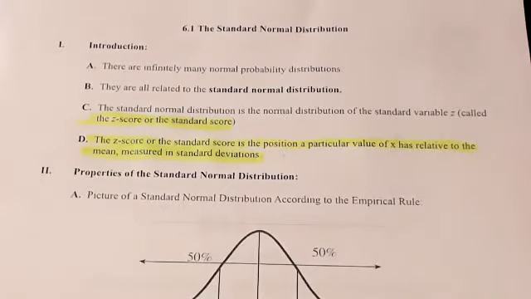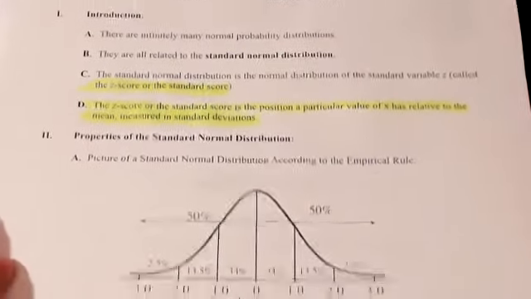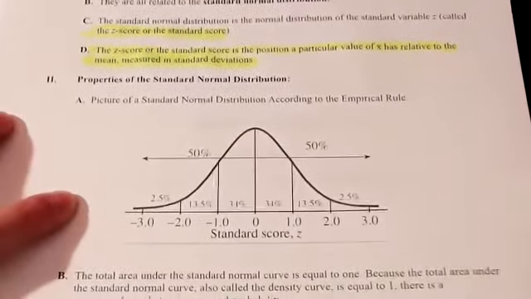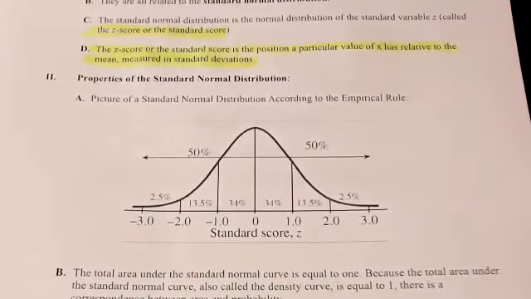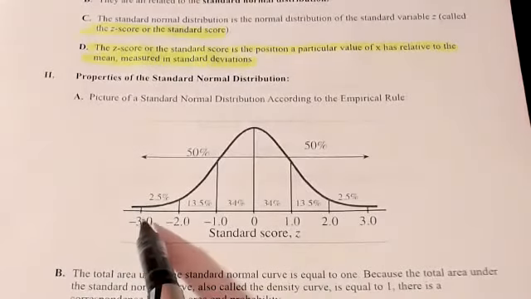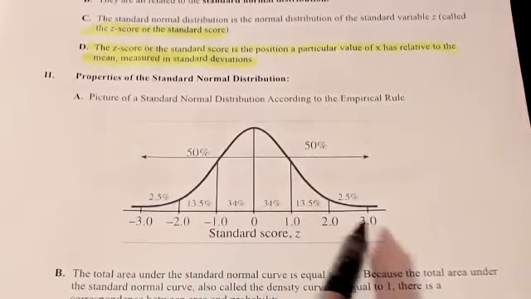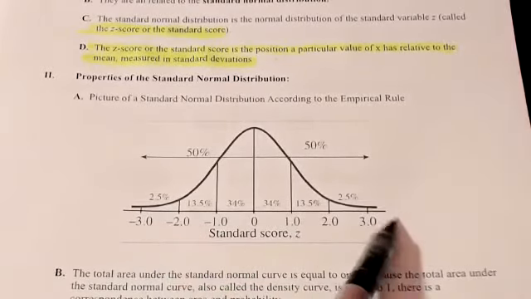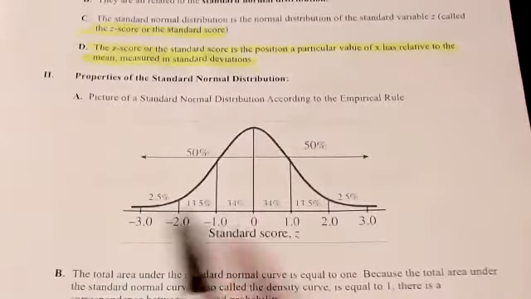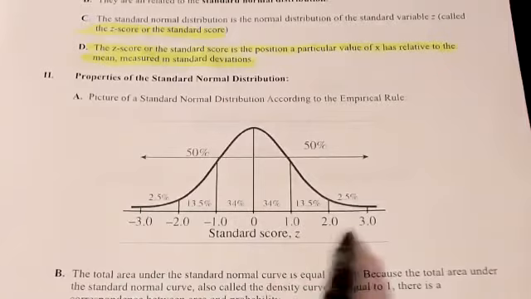Properties of the standard normal distribution. So recall this empirical rule. We've seen this already. We played around with this. Notice that your horizontal axis here has all of these tick marks, -3, -2, -1, 0, 1, 2, 3. These values and everything in between and everything outside of them, they all represent your standard score. Those are your z-scores.